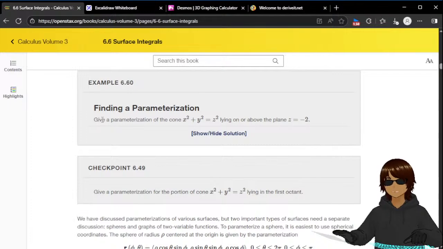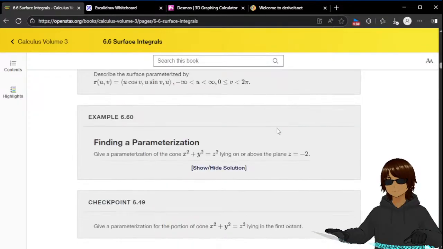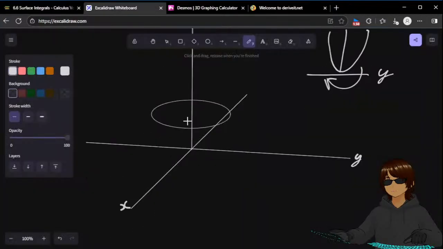Find a parameterization of the cone x squared plus y squared equals z squared lying on or above the plane z equals -2. So we have to find a parameterization.